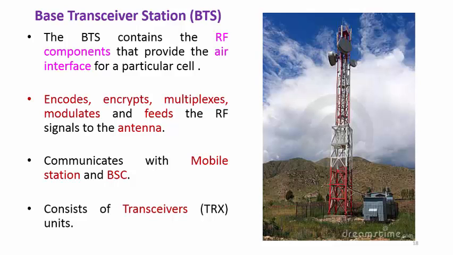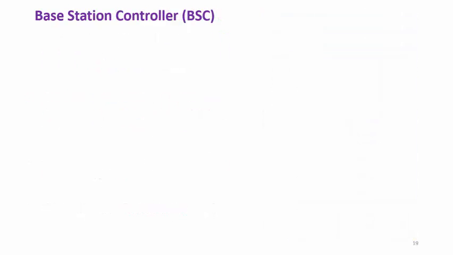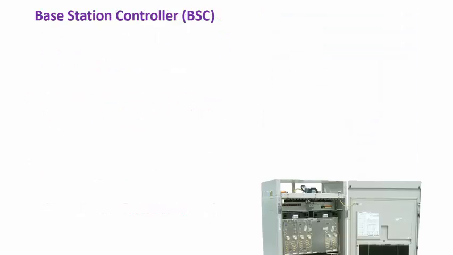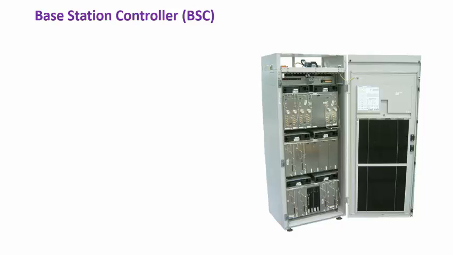It communicates with the mobile station and BSC, that is mobile phone and base station controller. And as I said, this BTS consists of the antennas which are responsible to provide the wireless service. It consists of the transceiver units, the TRX units.